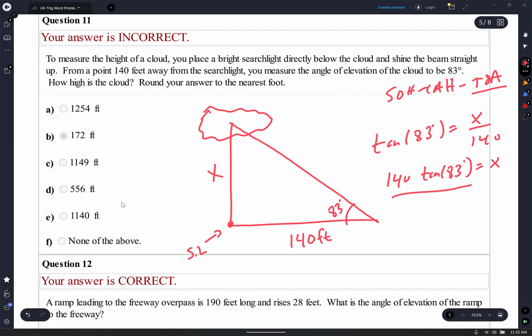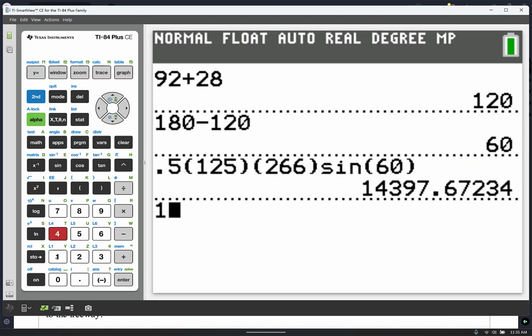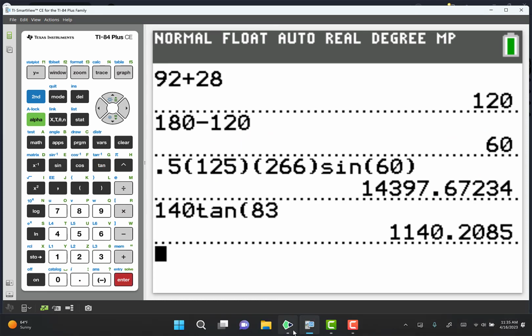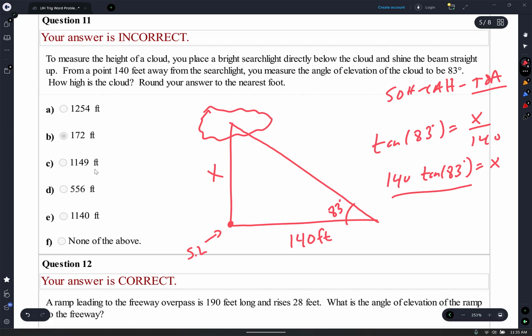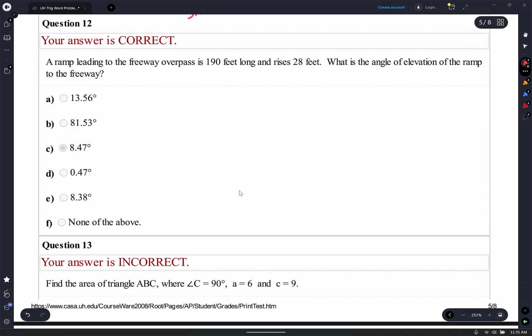And they don't have the answer written like that, so they actually want you to figure that out. So just type that in the calculator, 140 tan 83. 1140.2085. Right there, 1140 feet. I got it incorrect, these people. So it should have been 1140, guys. There it is.